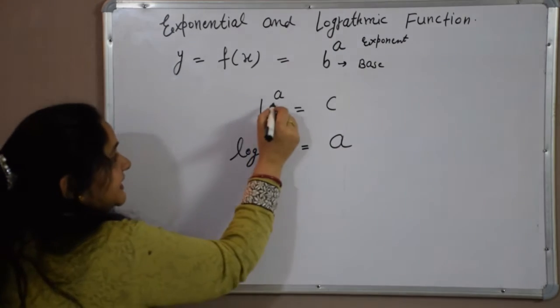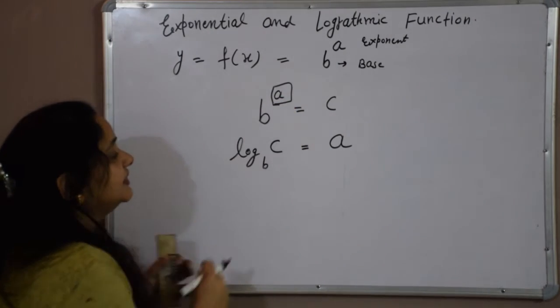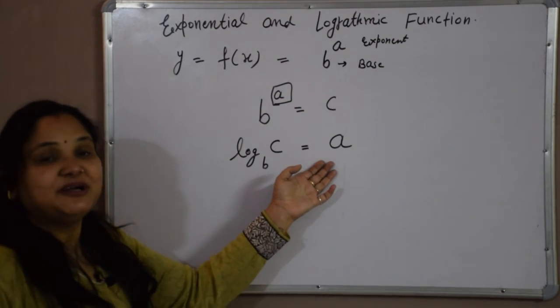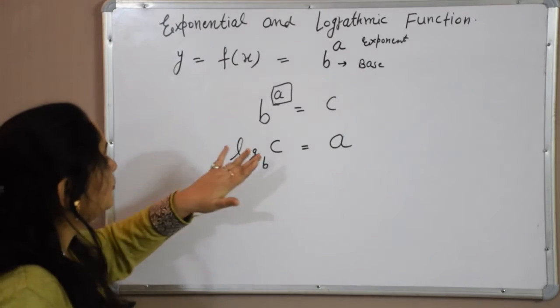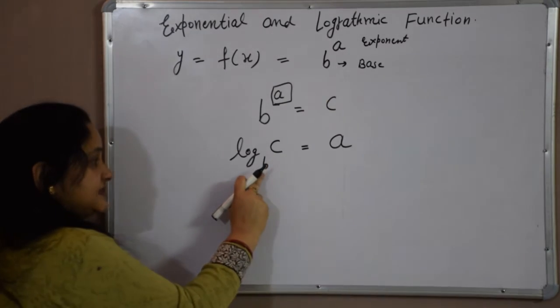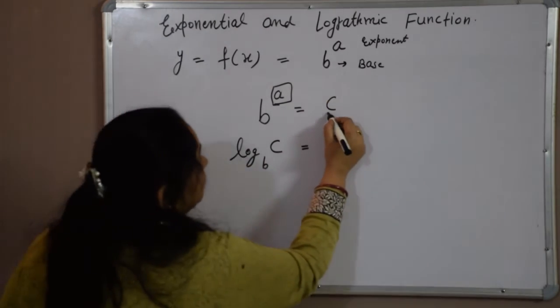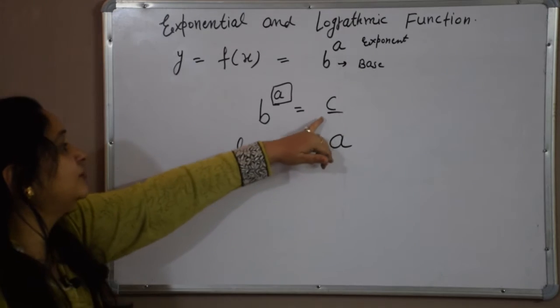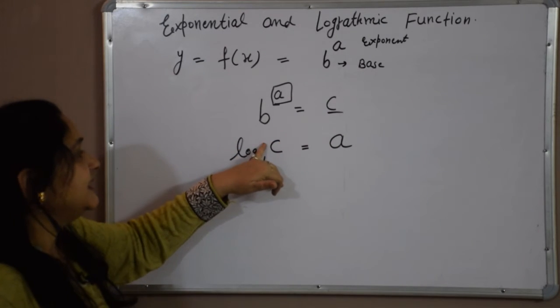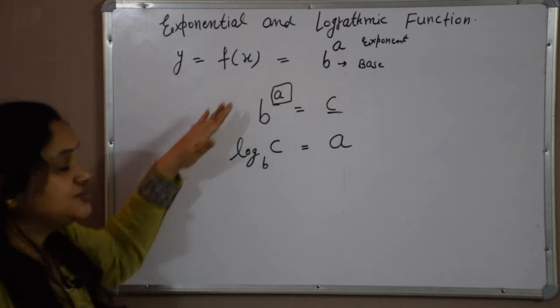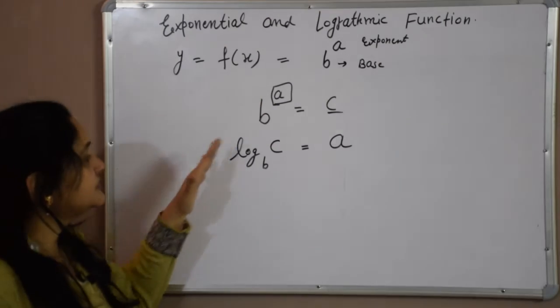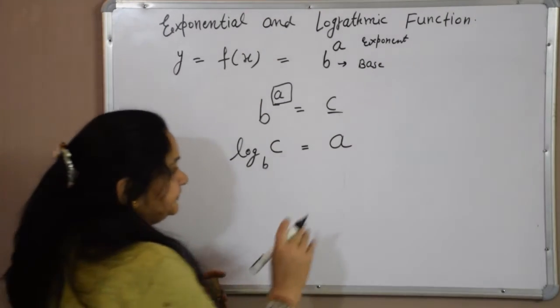So we can see that whatever is our power becomes our answer in the form of log, whatever is our base remains the same base, and whatever is the answer in the exponential function, that is inside the log. So exponential and log are inverse functions of each other.